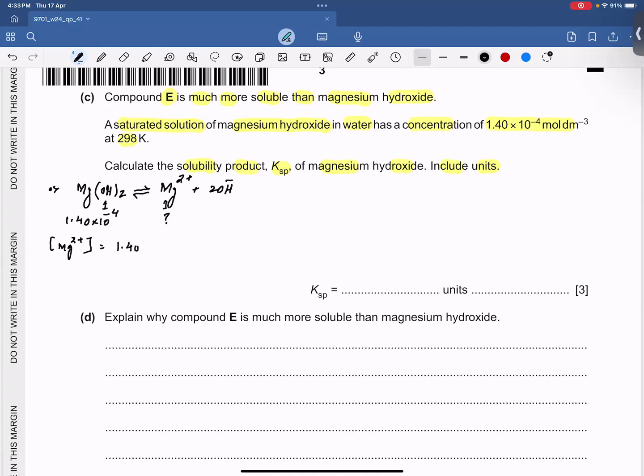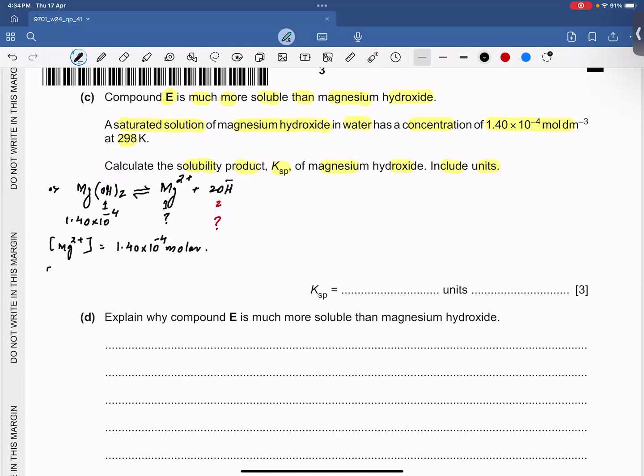1.40 into 10 to the power minus 4 molar. As you can see, magnesium hydroxide and hydroxide ion has 1:2 ratio. So how about the concentration of hydroxide ion?